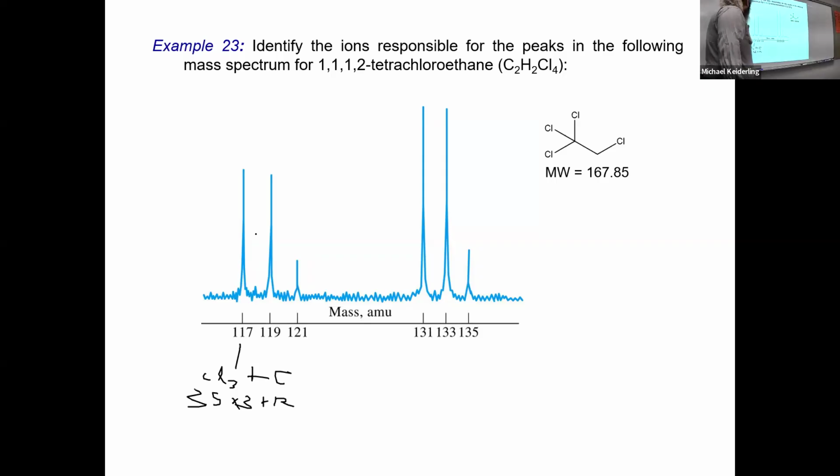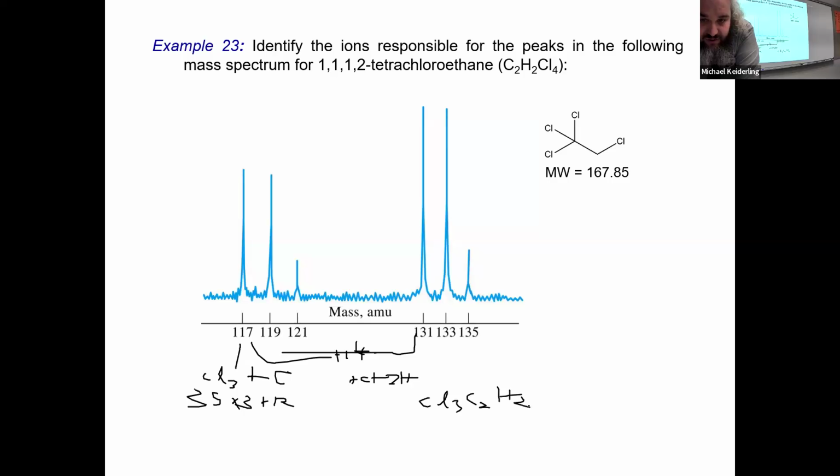So this ends up being plus 14, that's plus carbon plus 2H. So that's Cl3, C2, H2. So the first one is this unit, and the second one is that unit.